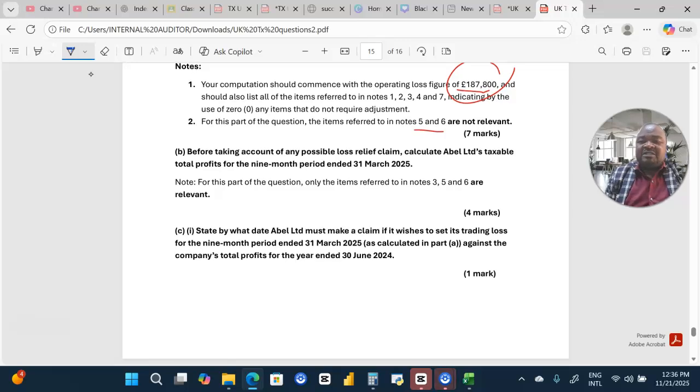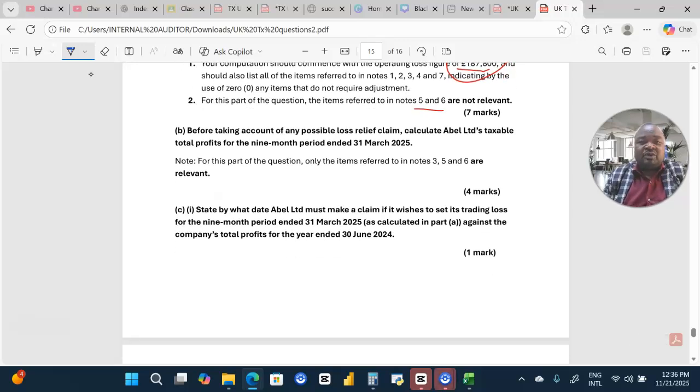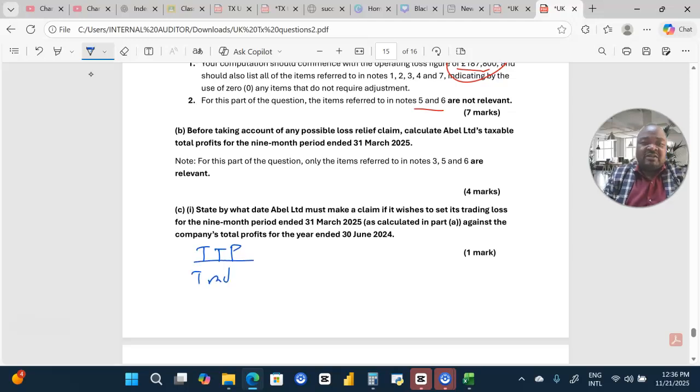So for this part, it's very essential to have your pro forma at hand. We know that to compute the TTP, you need the pro forma. We start with the trading profits. In this case, it's a trading loss.